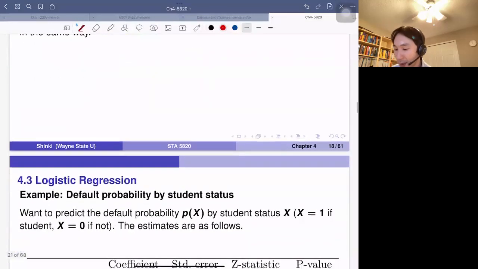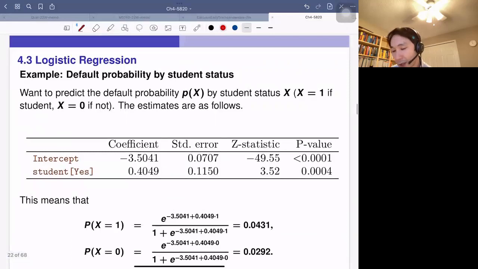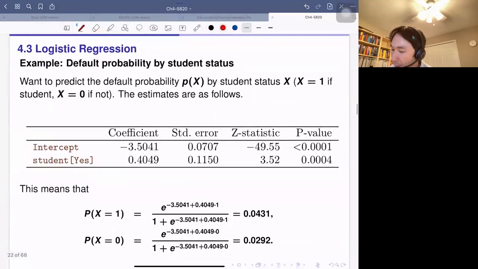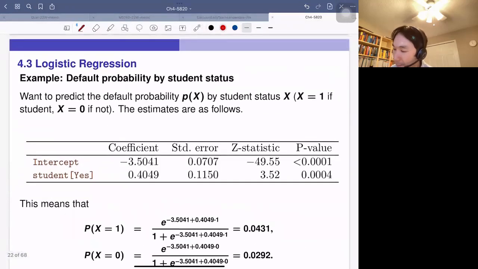Then we can use that in the prediction model and interpret it in the logistic regression model. So suppose we predict whether the person is in default or not based on student status. X equals 1 if the person is a student, and X equals 0 if not.